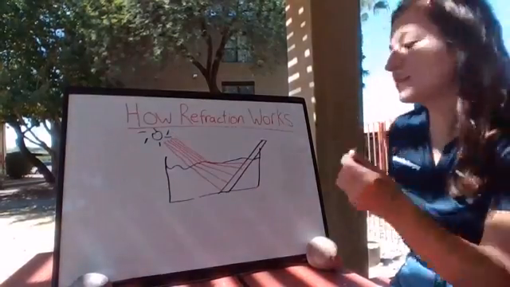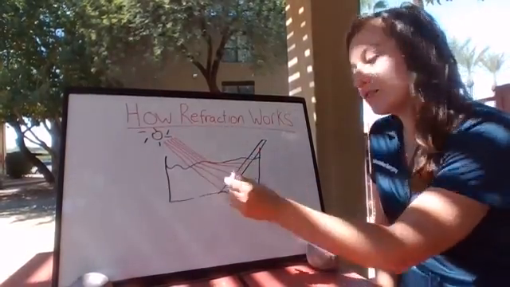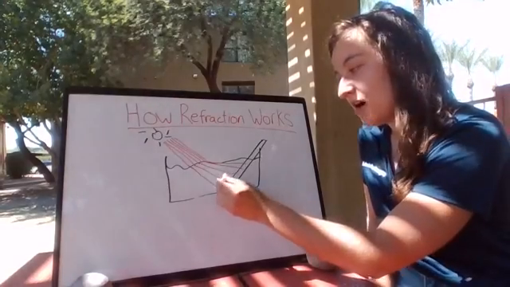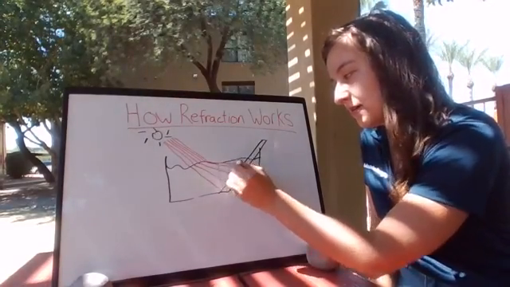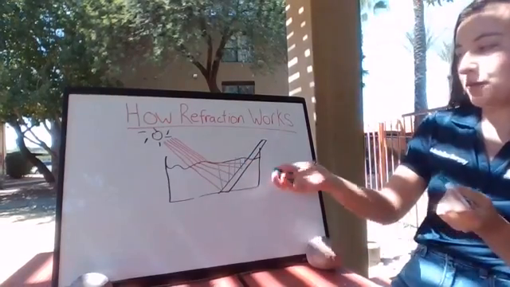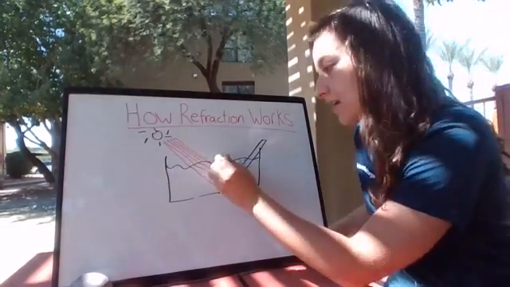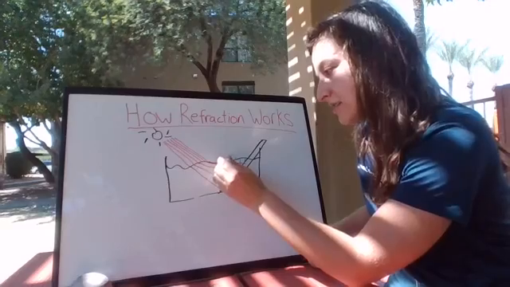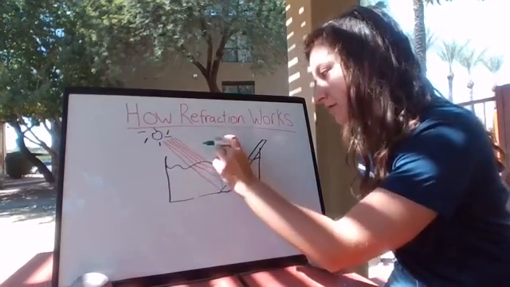And then, once it hits the mirror, it reflects off the mirror, back up, and then it's going from water to air again, and it's going to refract again. So let's say it's like this.